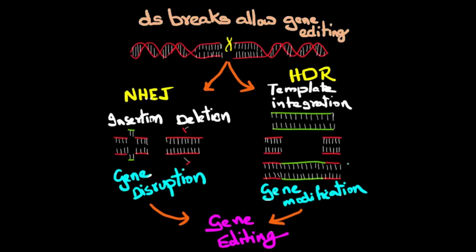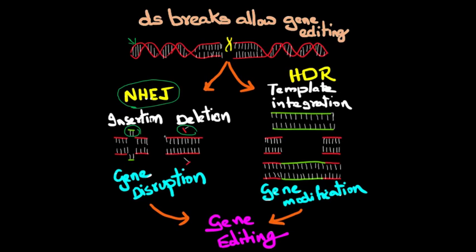Now here we can again see this is the genomic DNA, and the break has occurred. It can either repair by non-homologous end joining, which is a very error prone mechanism. That is, it is not foolproof, and when these two ends join back together, it can have certain insertions or deletions.